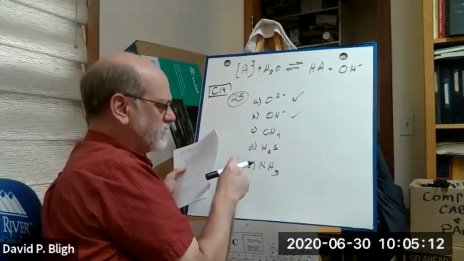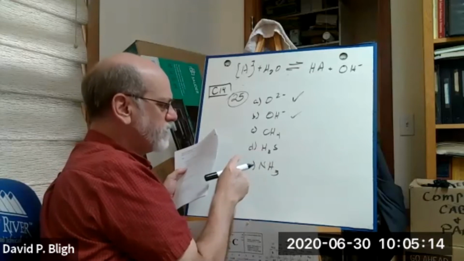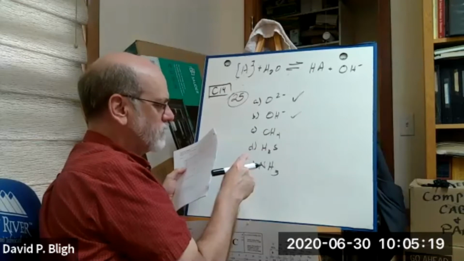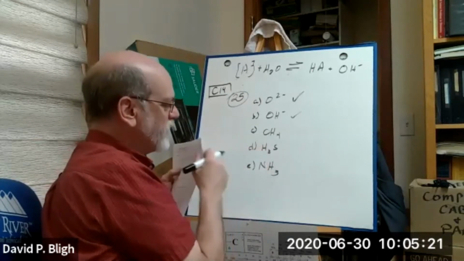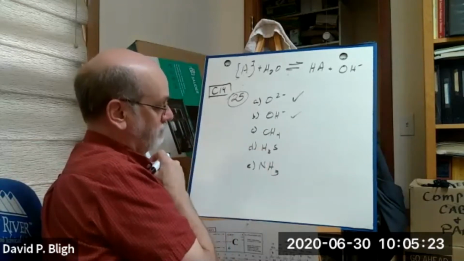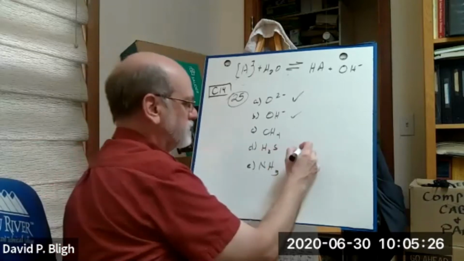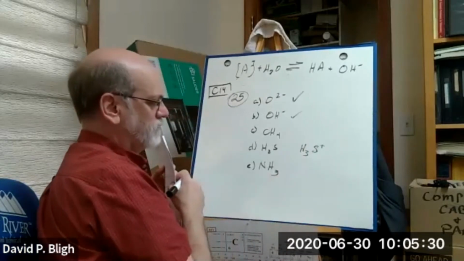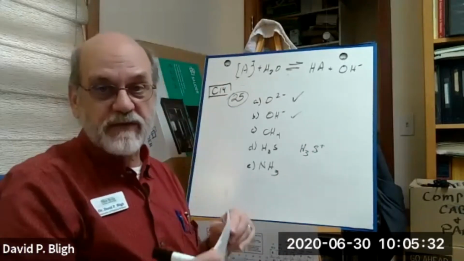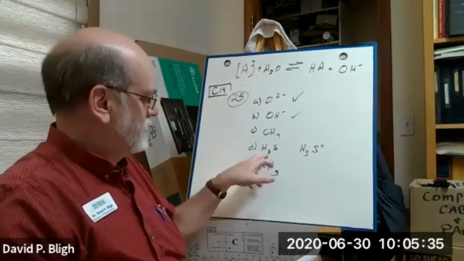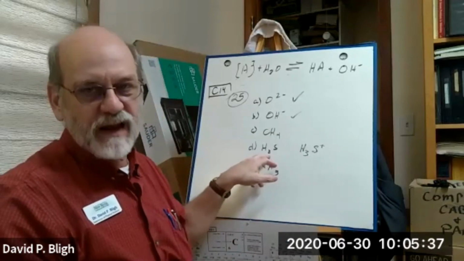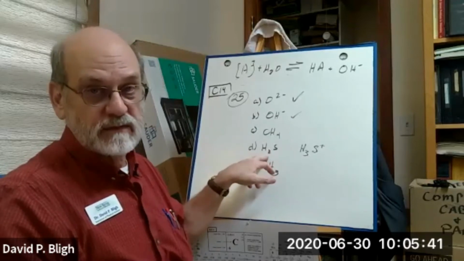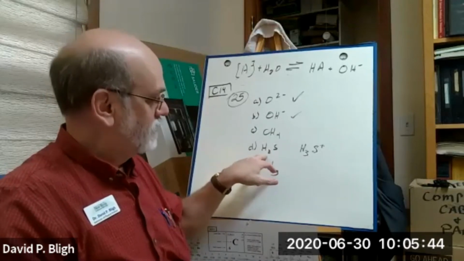What would that mean? If it donated an electron pair, what would be the result? Something like this. Remember, sulfur is in the same family as oxygen. So you can think of that as analogous to H2O. It can accept a proton. It can donate electrons.